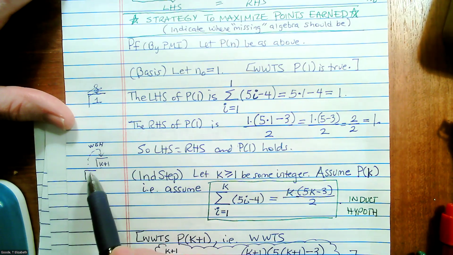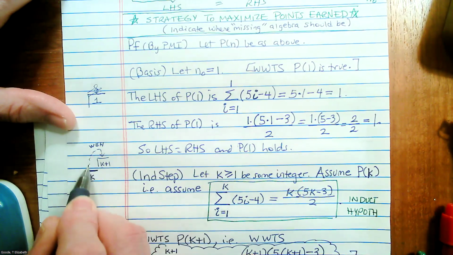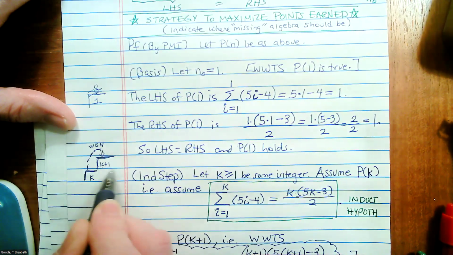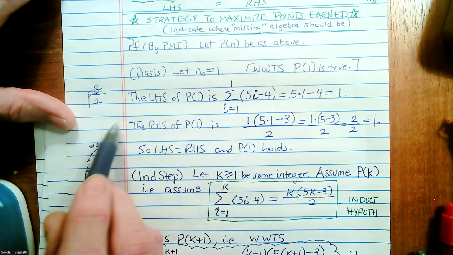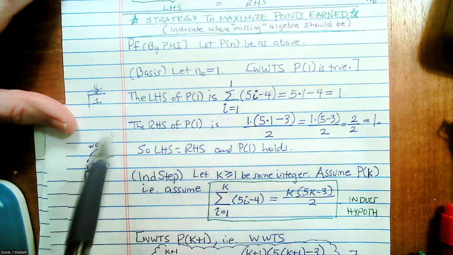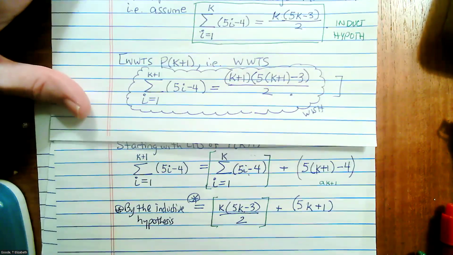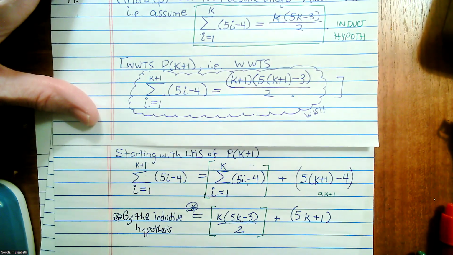But the point is, if we're standing on any step k, and we prove that's enough to bounce us up to step k plus 1, then we're proving that we can get on the staircase and climb it. Which means this statement P of n will be true no matter how large n gets. Does that make sense? We get to assume something. You don't just prove stuff out of thin air. You've got to have a hypothesis.